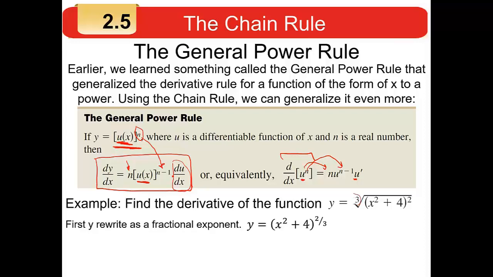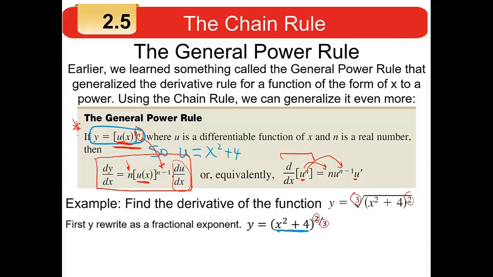The index is always the denominator, and the power is always the numerator. If it's a square root, usually you don't put the 2 in the index, but it's an understood 2, so a square root would have been a 1/2 power. In any case, you've got the quantity x squared plus 4 raised to the 2/3 power, and that's the form for which you have a derivative formula. In fact, it's the one sitting right here, the general power rule.